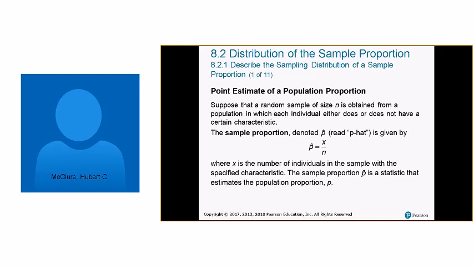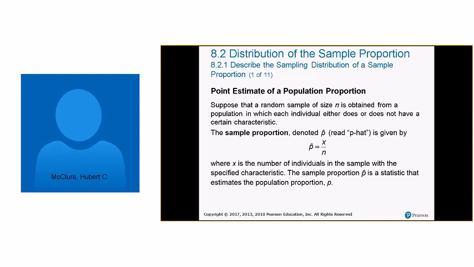That's all p-hat is. It is equal to x, which is the smaller number, over n, which is always your biggest number. That is the sample proportion. Therefore, q-hat is the complement. q-hat is equal to 1 minus p-hat.